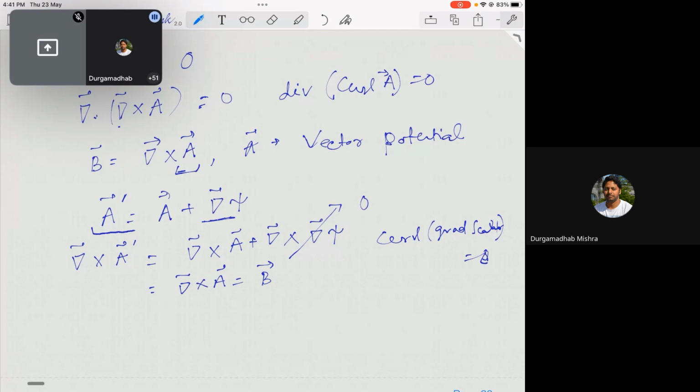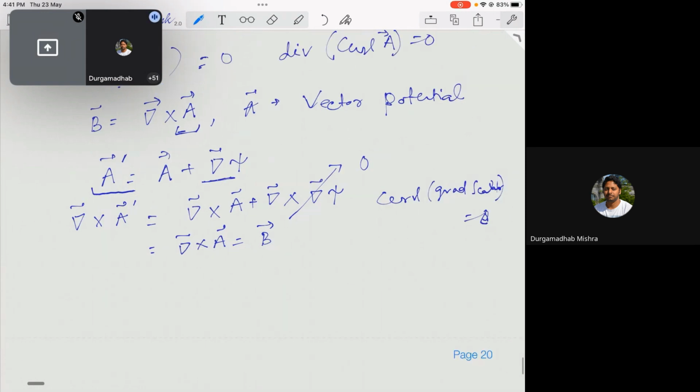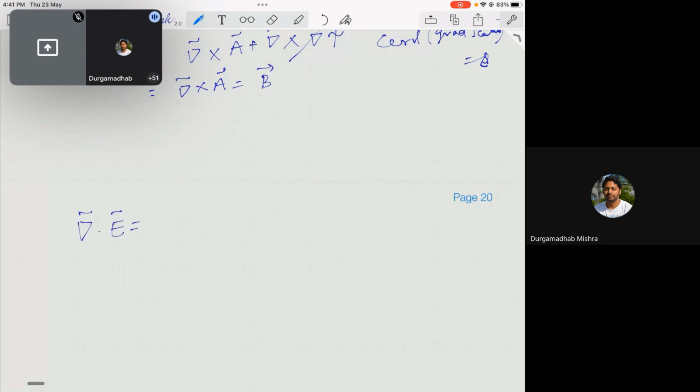Okay, so there will be some mathematics also associated with that, which you can look up in the book. The next thing we will talk about is the magnetic field. So what we have seen is, similar to electrostatics, where del dot E equals 0 and curl of E equals 0, everything we are talking about is electrostatic.